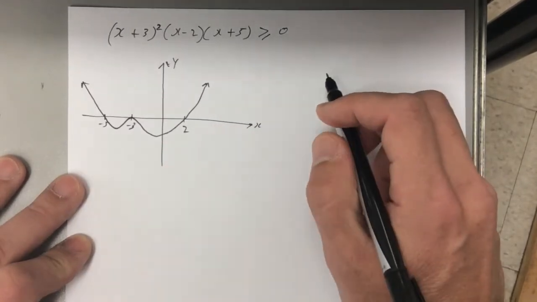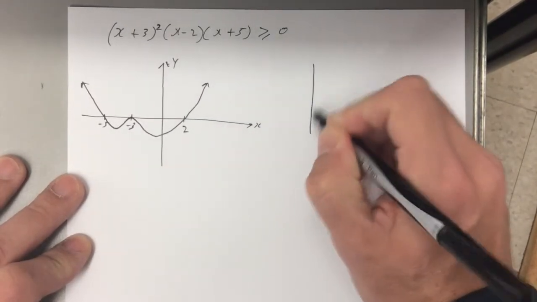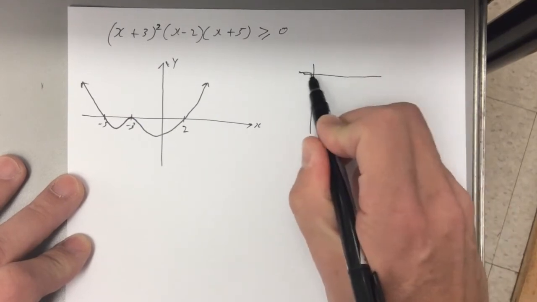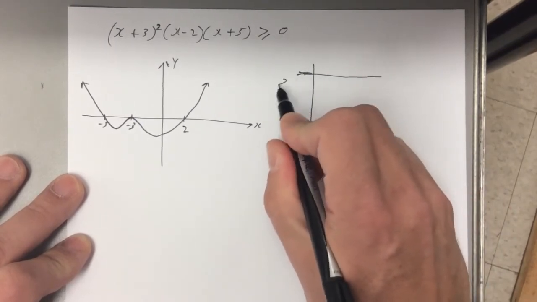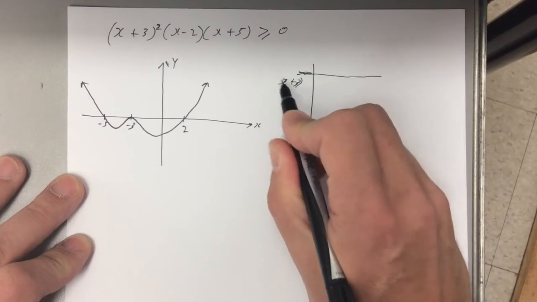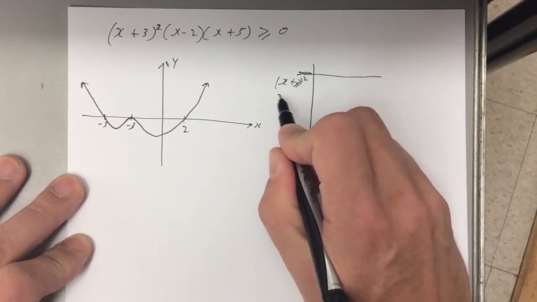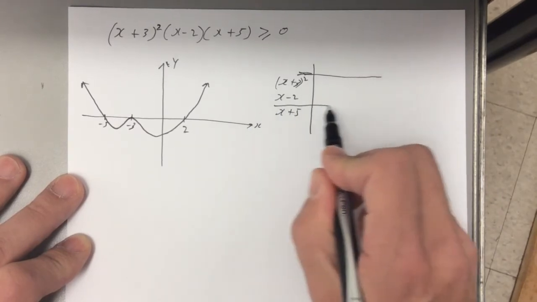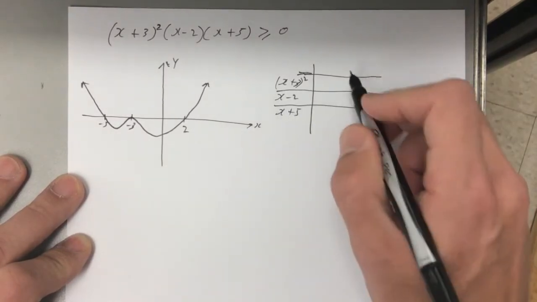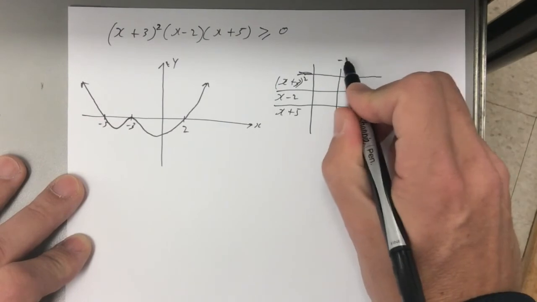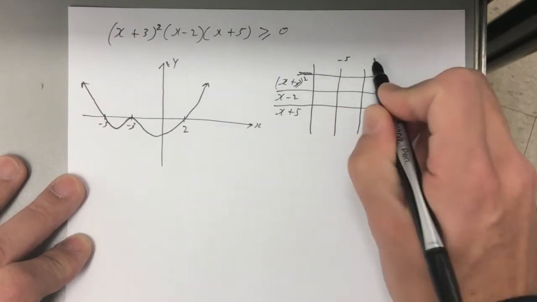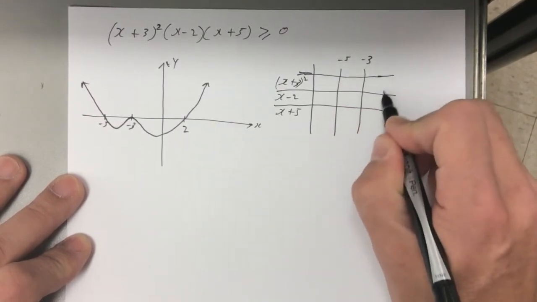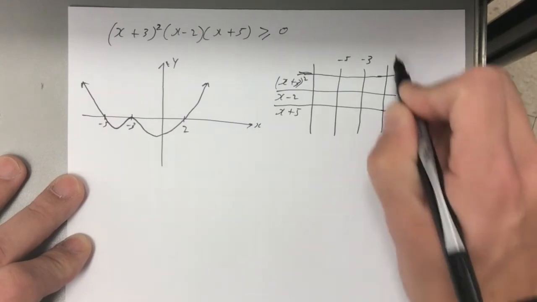that's equal to 0. When we look at the factor table, we've got something like this: x plus 3 squared, x minus 2, x plus 5. Okay. Breakpoints are -5, -3, and 2.